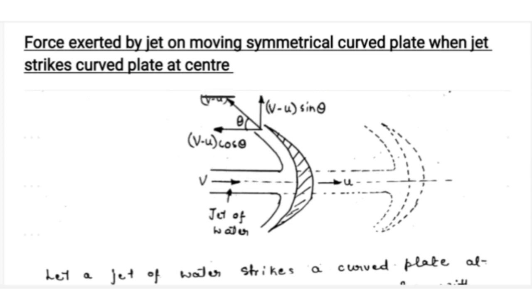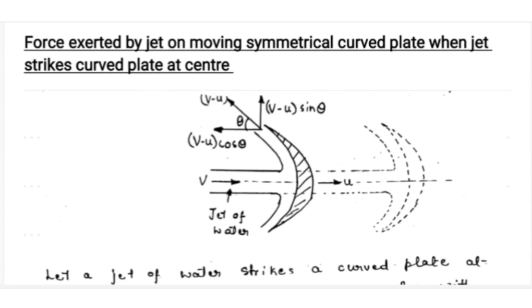So it will leave with a velocity v minus u. We can resolve this velocity into two components, that is v minus u cos theta in x direction and v minus u sin theta in y direction respectively.